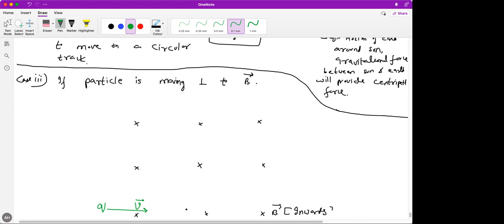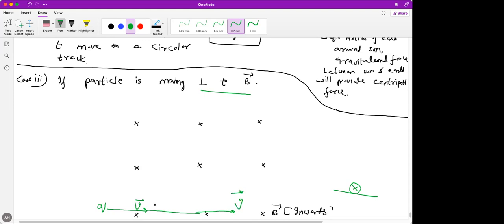One direction is to the right, another is inward, so the angle would be 90 degrees. So this particle enters the magnetic field with a velocity which is perpendicular to the magnetic field.